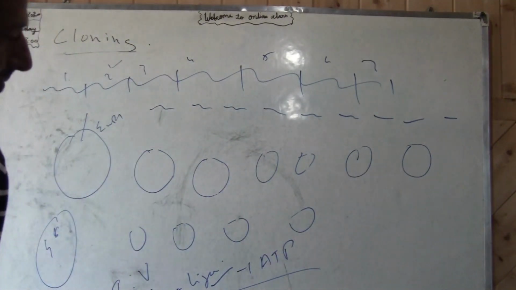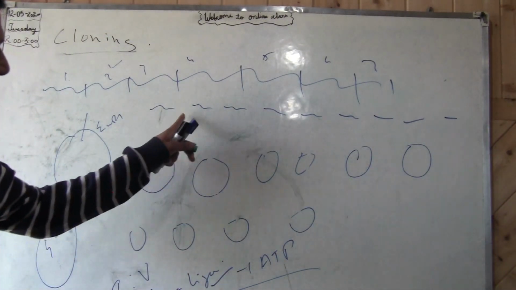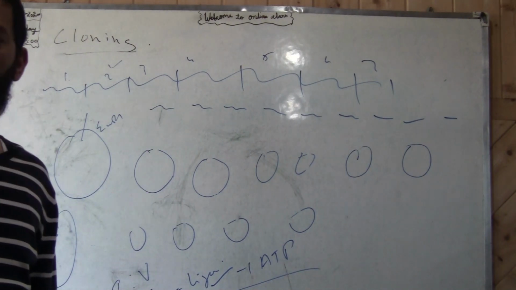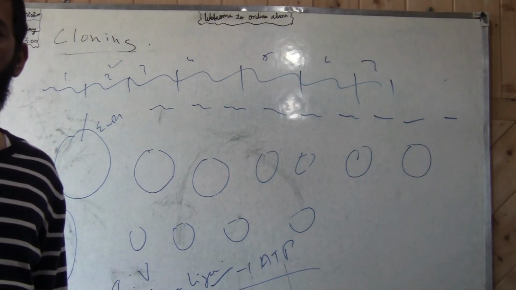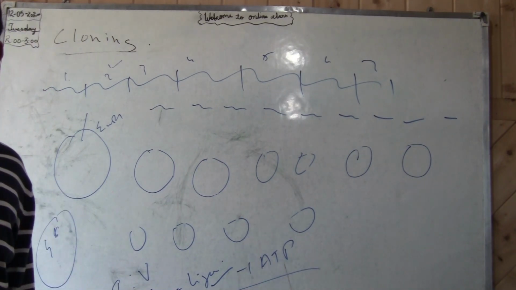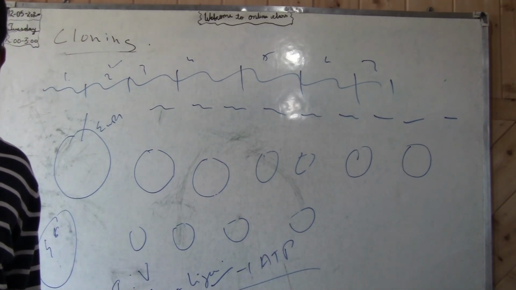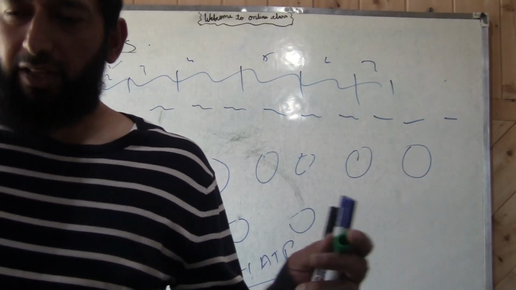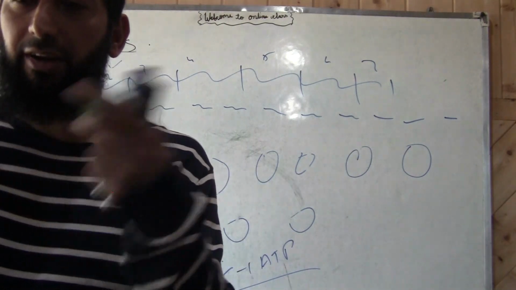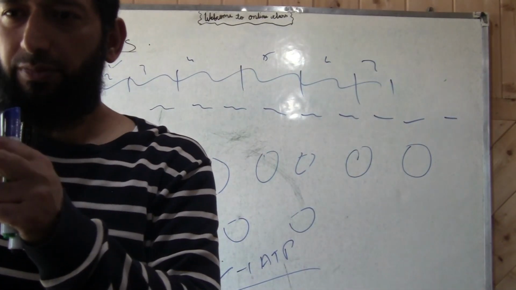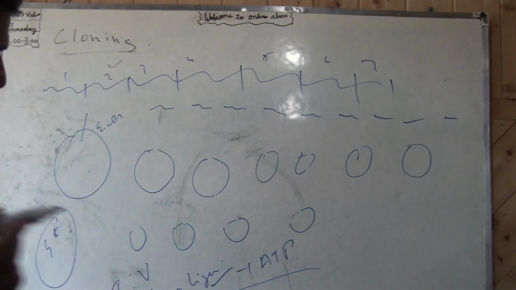So we mix the vector and insert: 2 microliters of insert, 1 microliter of vector, 1 microliter of ligase, 2 microliters of buffer, then add water. You should also keep the volume of the reaction very low, because the higher the volume, the more the dilution, so vector and insert will be far apart. But if you keep the volume low, say a 10 microliter reaction, it will be good.